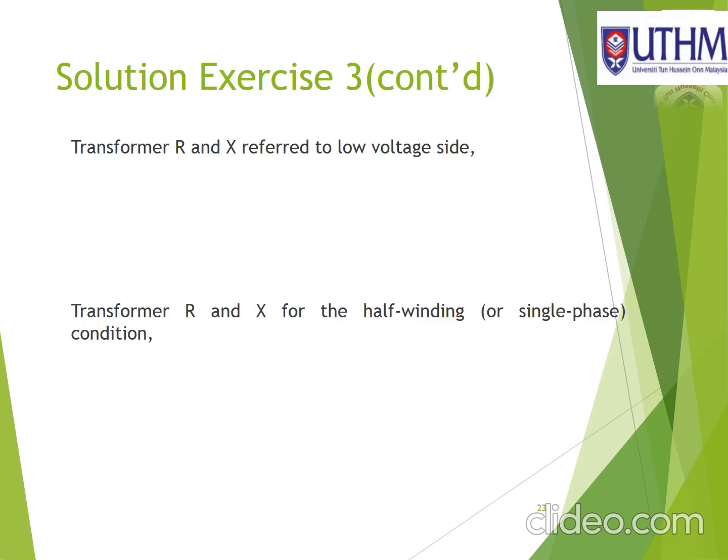Next, for the second step, you have to calculate the transformer R and X value referred to the low voltage side, and then you have to get the R and X for the half winding or single phase. To get this value you have to divide by 3 to get single phase.